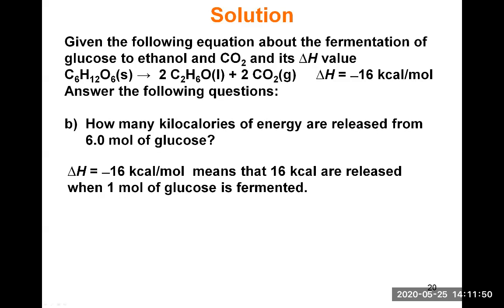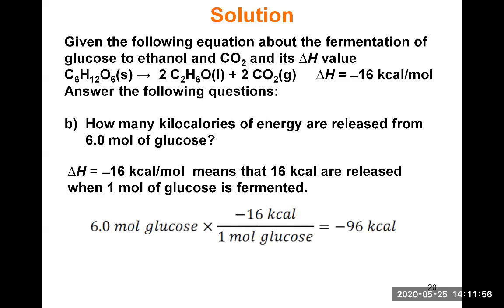and a conversion factor. And here the given amount would be 6 moles of glucose. So you start with 6 moles of glucose and you will multiply by the fact that you release 16 kilocalories per mole of glucose.